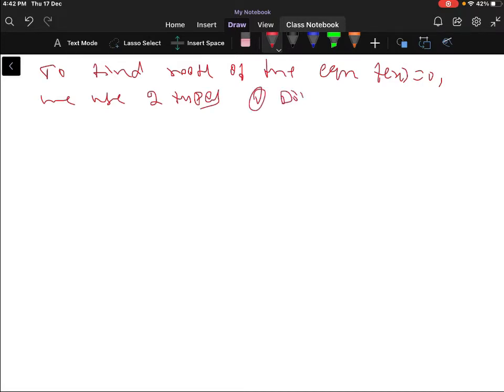One is the direct method, nothing but the analytical method. The second one is the iterative method.